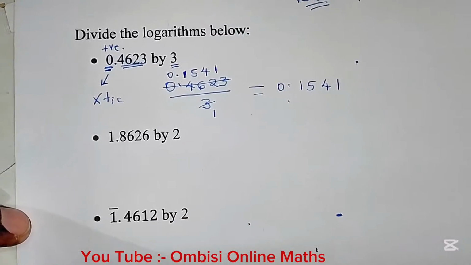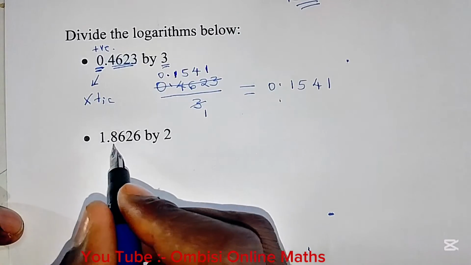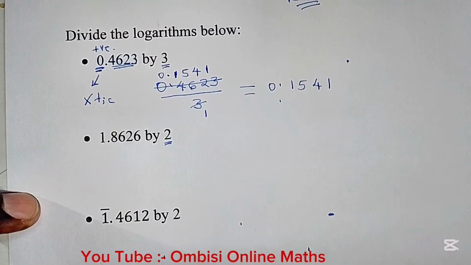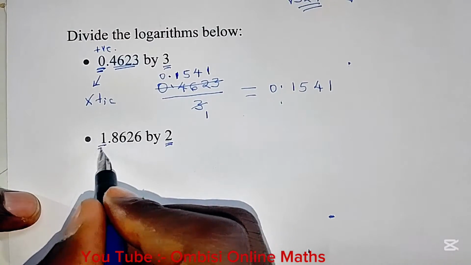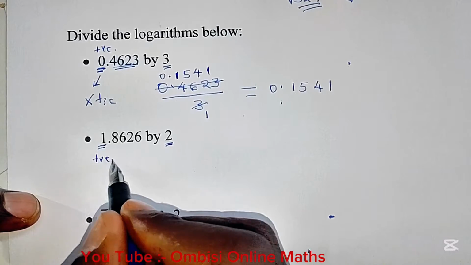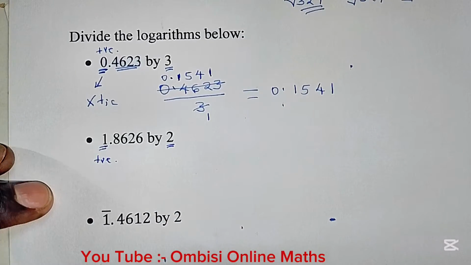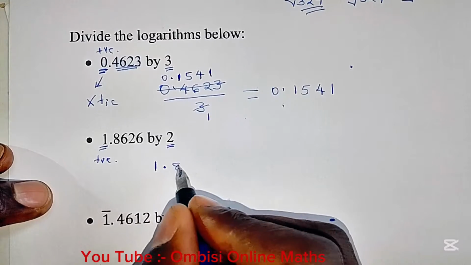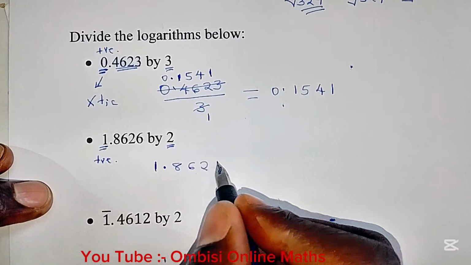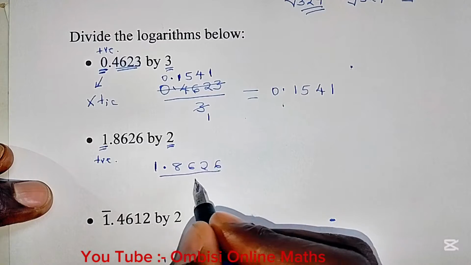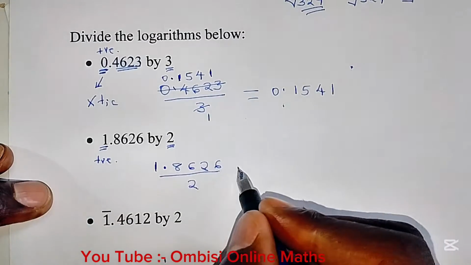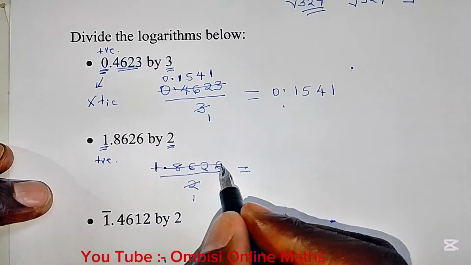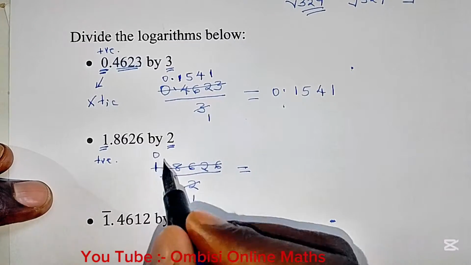Other example, if you have a number like 1.8626, you divide it by 2. Now, if you look at the characteristic, it is positive. So if it is positive, the division takes place directly. 2 into 1 it is 0.